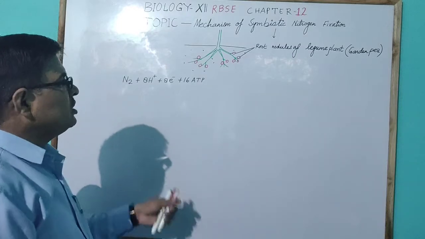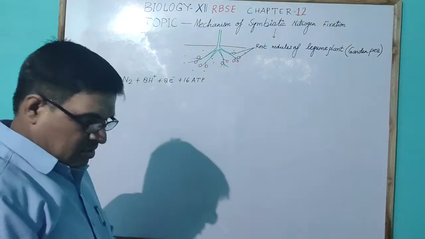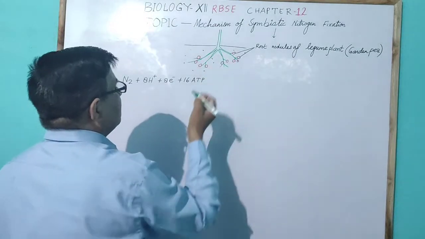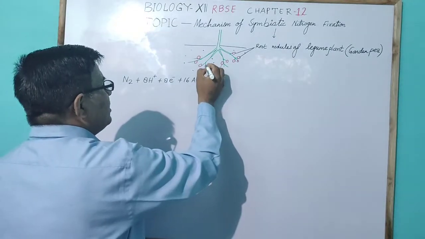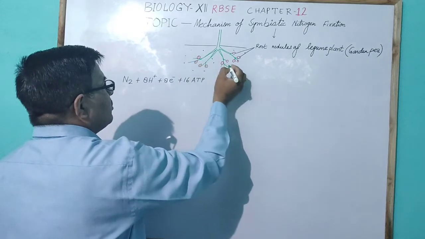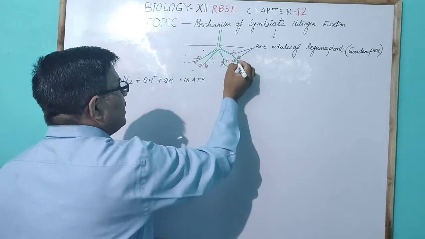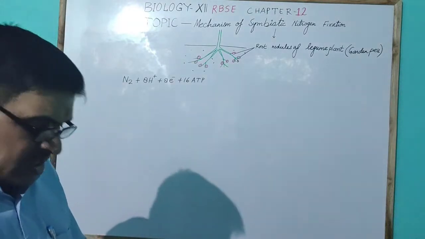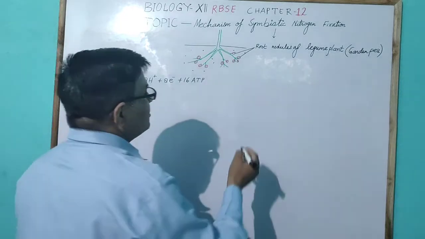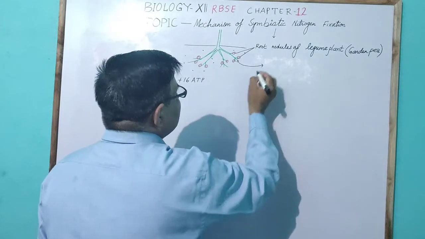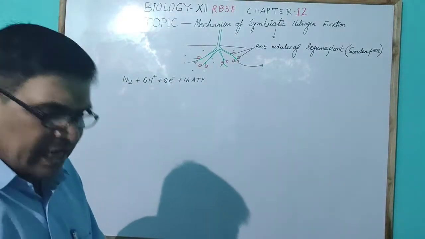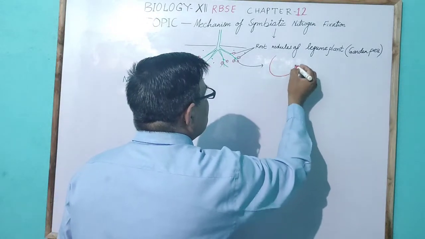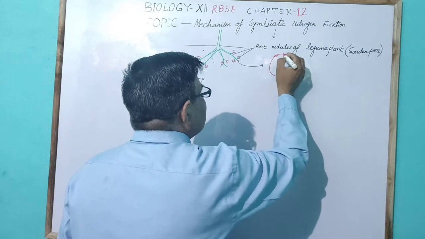In the root nodule there is a rod-shaped bacterium, which takes part in nitrogen fixation. A large root nodule contains the leghemoglobin pigment.